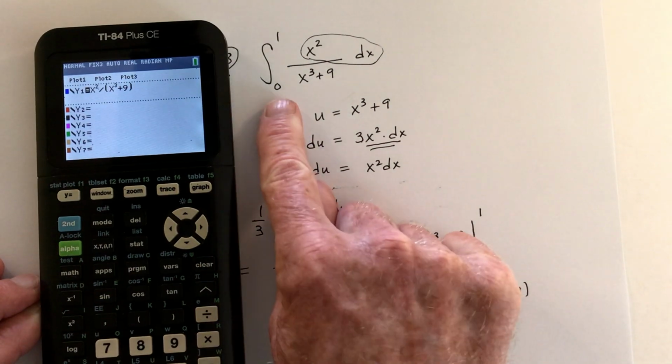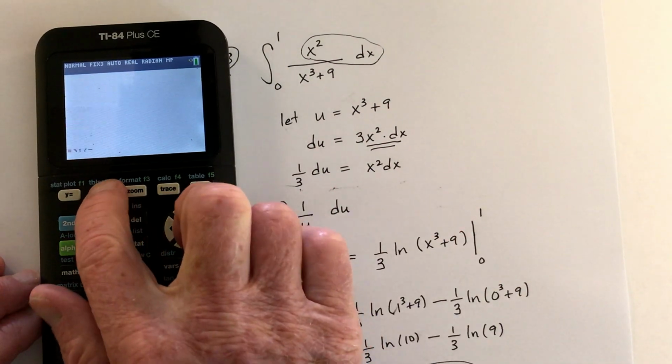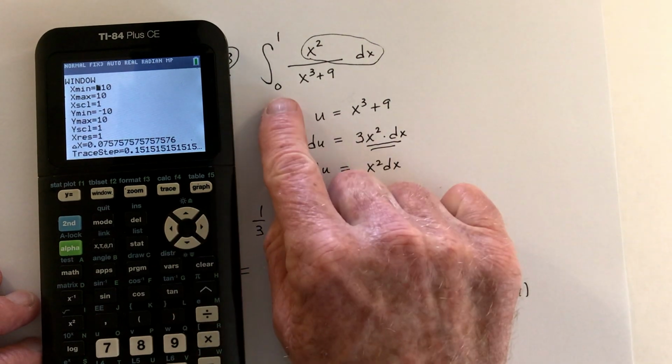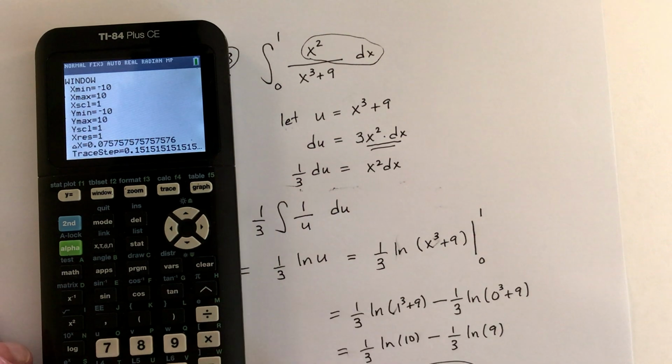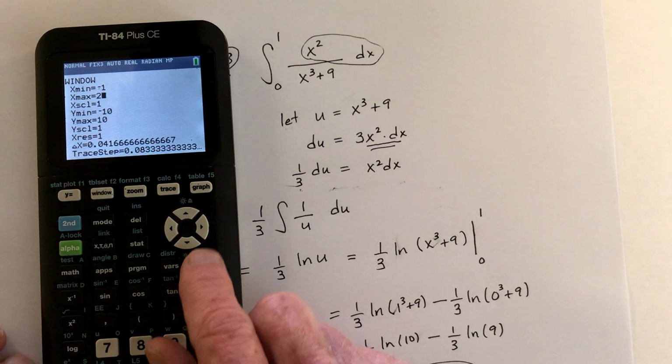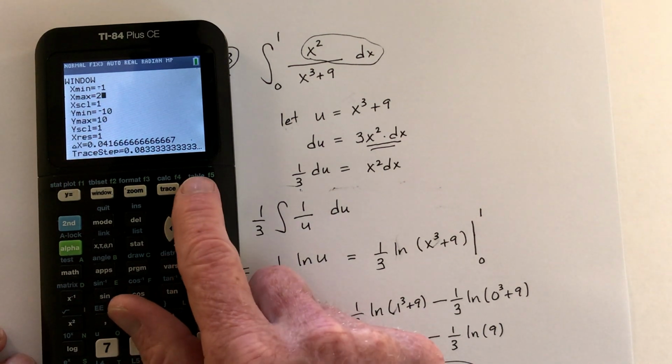And since the limits are 0 to 1, I'm going to change the window. And I don't want to go exactly from 0 to 1. I want to give a little bit of extra space. So I'll go from -1 to 2. And I don't know what the y values are, so I'll just leave them as -10 to 10.